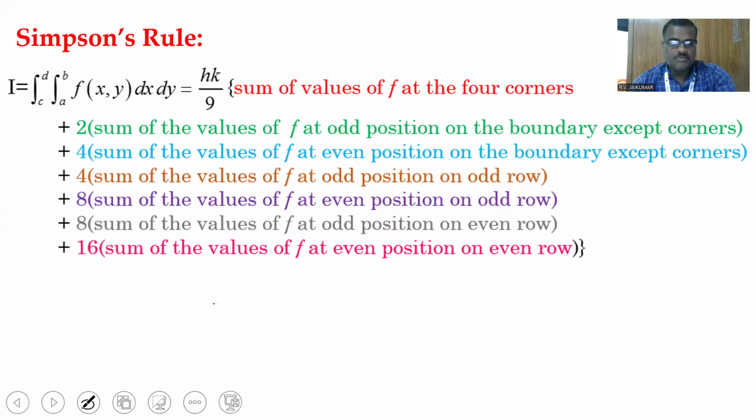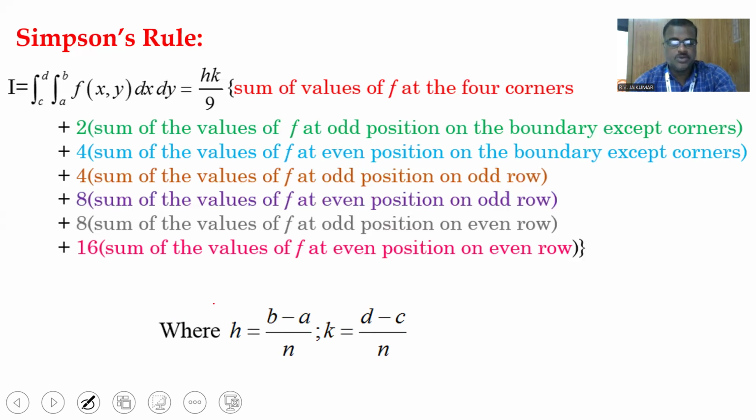In the same way, we can find the values of h and k by substituting the upper and lower limit values of x and y. h is defined as b minus a by n, and k equals d minus c by n. Here a and b are the lower and upper limit values of x, and c and d are the lower and upper limit values of y. n represents the number of ordinates.